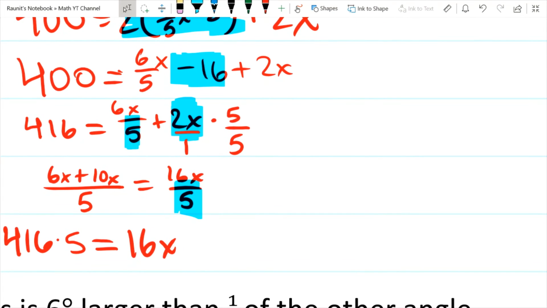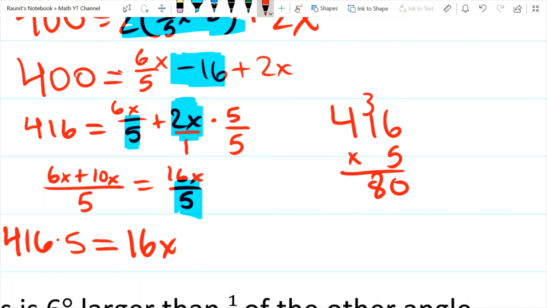Since I don't know what 416 times 5 is mentally, I'm going to do it on the side over here. 5 times 6 is 30, 5 times 1 is 5 plus 3 is 8, and then 5 times 4 is 20. So we get 2080. So 16x equals 2080.